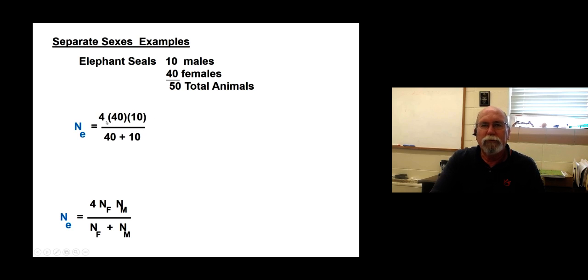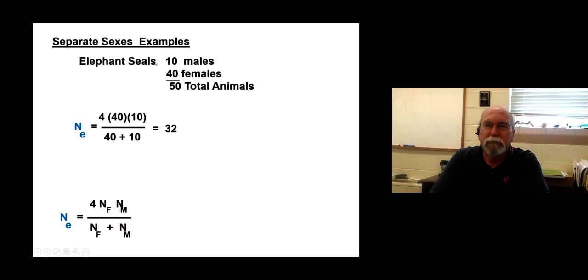Well, it's 4 times the number of females, which is 40, times the number of males, which is 10, divided by the total. So in this case, the effective size is going to be something like 32, right? You say, well, that's not so bad, right? The next generation looks like it came from 32 animals instead of 50. Okay, we can work with that.